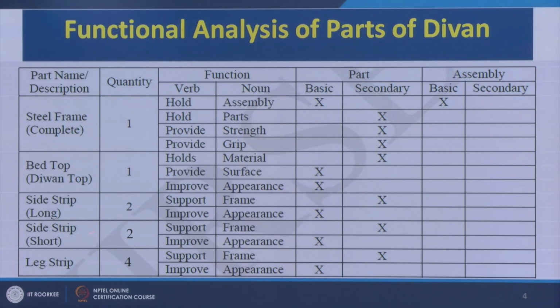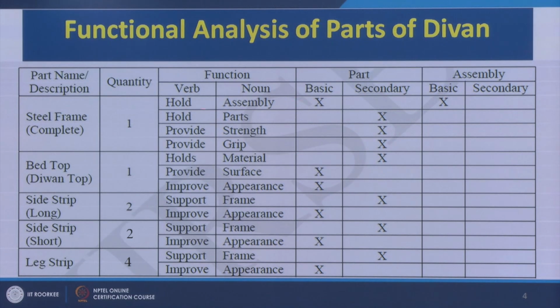Similarly, the side strip has to support the frame and improve the appearance. So similarly, each and every component or part of the Divan has got certain functions. This is the first stage of evaluation. Then we have to see which of these are basic functions and which of these are the secondary functions. Now let us try to understand that.